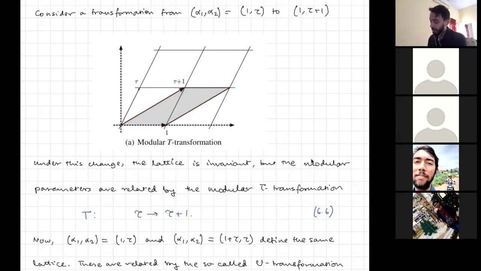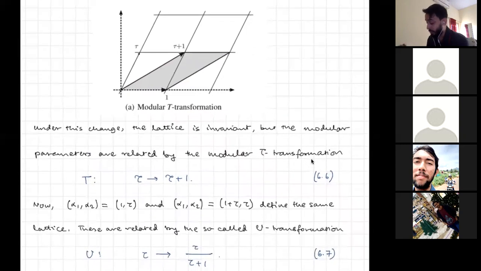Even though the lattice stays the same, the modular parameter does not. So this has undergone a transformation of tau goes to tau plus 1. That's one, and this is going to be called the T transformation, if you wish, the modular T transformation.